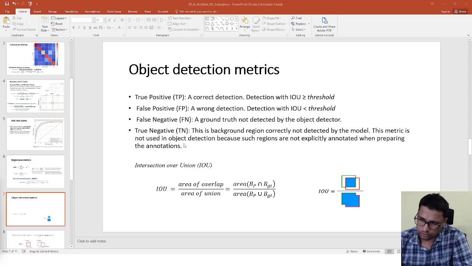And there is no true negative value. Actually, we only make detections on objects of interest, and all the background is treated as negative. True negative is not considered in object detection.